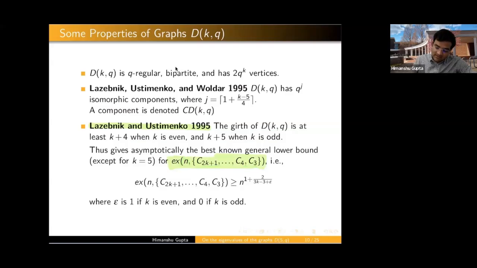That's why these graphs have their own importance in extremal graph theory, and the lower bound they provide is n to the power 1 plus 2 divided by (3k minus 3 plus epsilon), where epsilon is 1 if k is even and 0 if it is odd. None of the constructions has beaten this bound so far. So this bound is the best known, and it's attained by this graph. There are other properties of this graph that have been studied as well, for example automorphism growth, and whether this lower bound is tight or not.